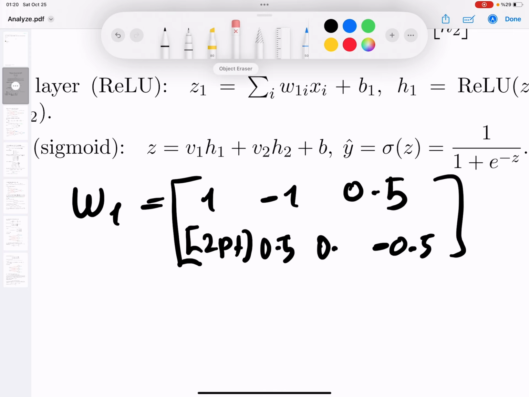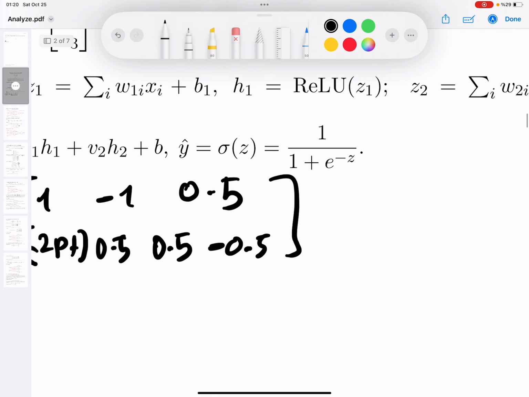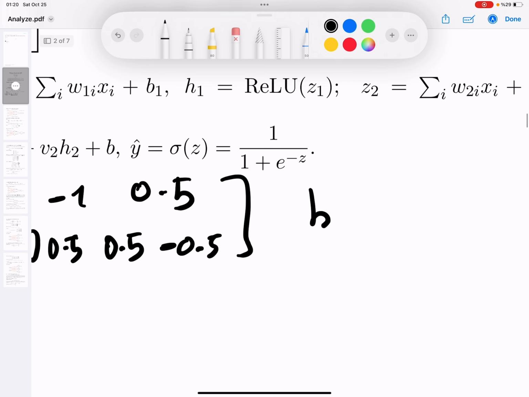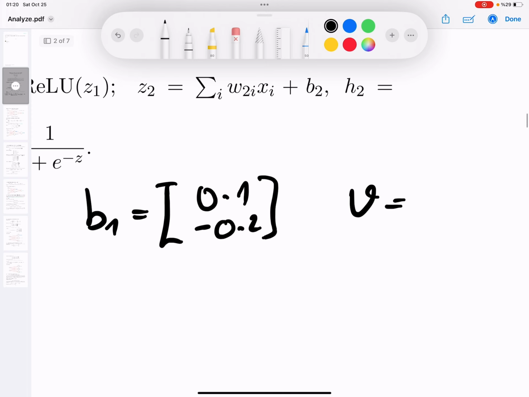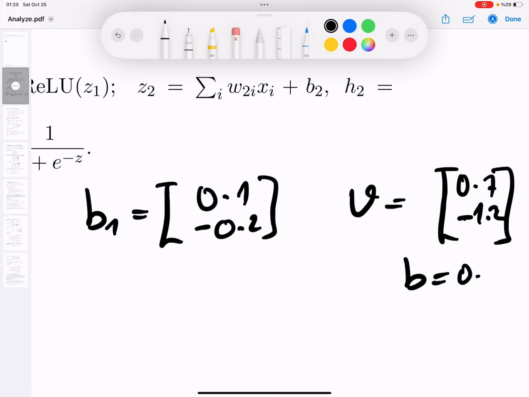This is 5. We have biases, very important. And we have output weights. This is our output weights. Don't forget, sometimes even I forget. This is 2 and bias automatically gets 0.5.